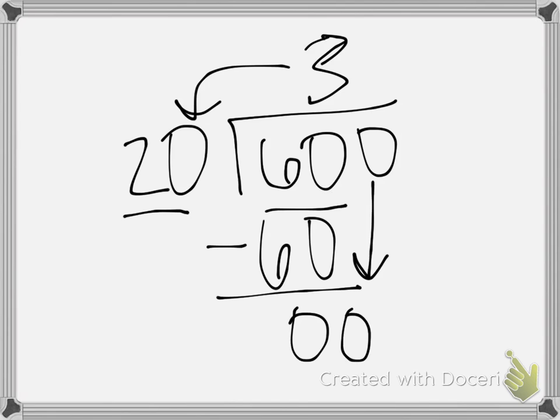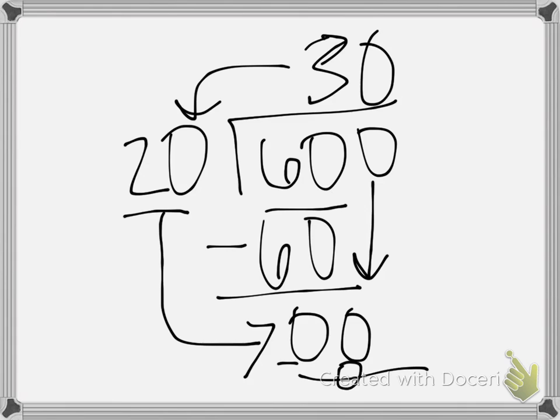Drop down this 0. How many times does 20 go into 0? 0 times. So 0 times 20 is 0. 0 minus 0 is 0. No remainder. So this answer would be 30 boxes.